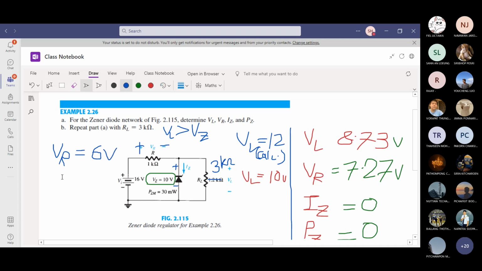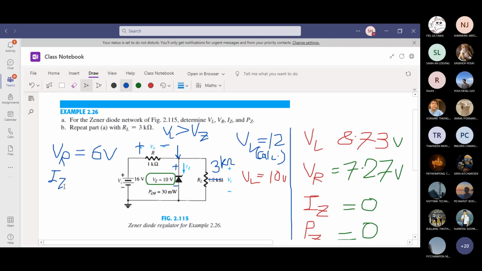Next question, what is IZ? Atit, can you tell me what is IZ? Here is the current coming in. You can say IR equals IZ plus IL.